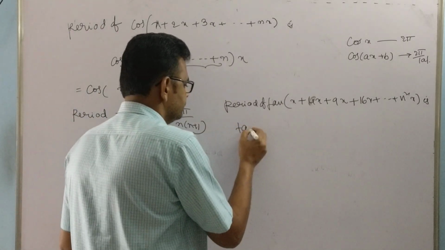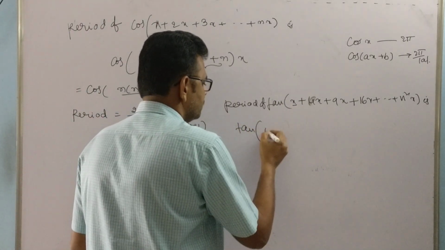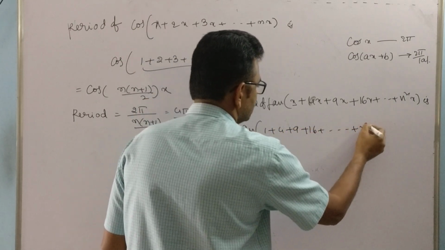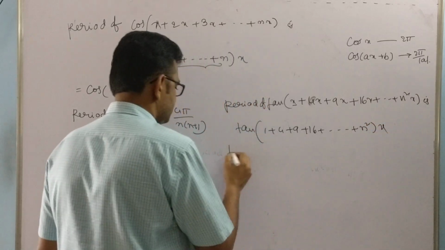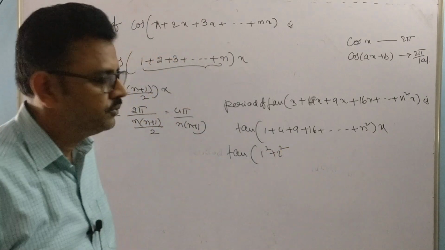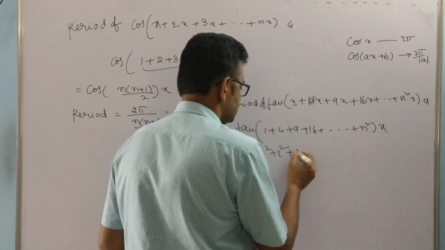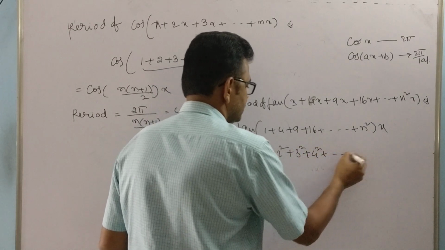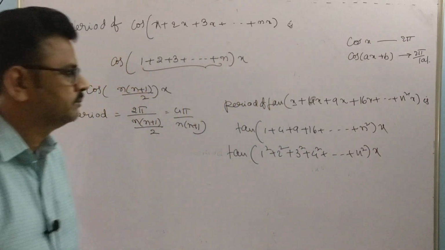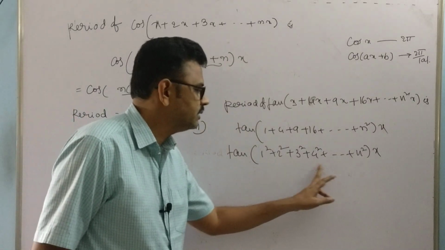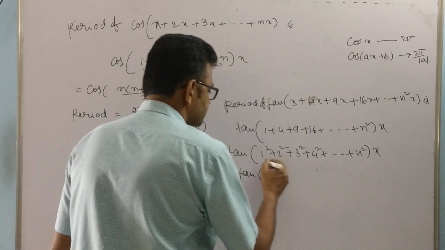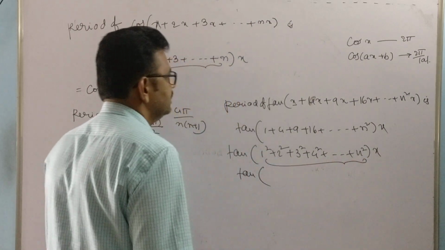If you take x common, this is tan of (1 plus 4 plus 9 plus 16 and so on n square) x. 1 can be written as 1 square, 4 as 2 square, plus 3 square, plus 4 square and so on n square of x. This is the sum of the squares of first n natural numbers, sigma n square.